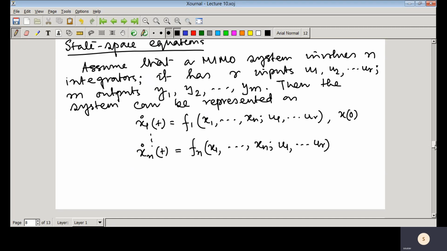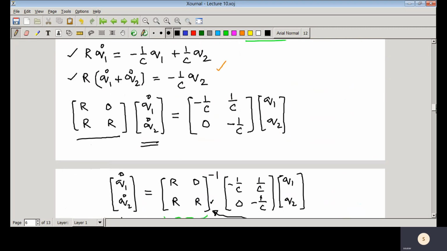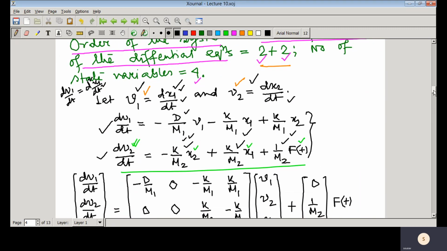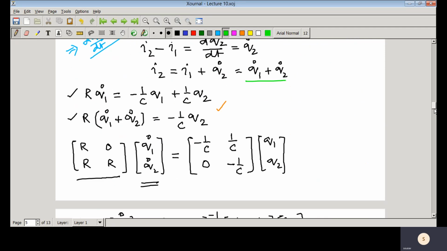If you look at this particular equation that we have done earlier, you can see that this is a state equation, and this dv2 by dt is a function of two state variables x1 and x2, and other state variables are not involved here, and also it is a function of the input.